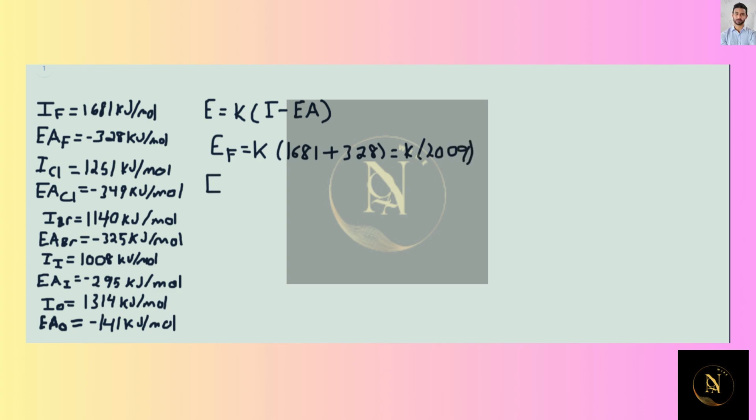Where E of Cl is equal to K times 1251 plus 349, which is K times 1600.